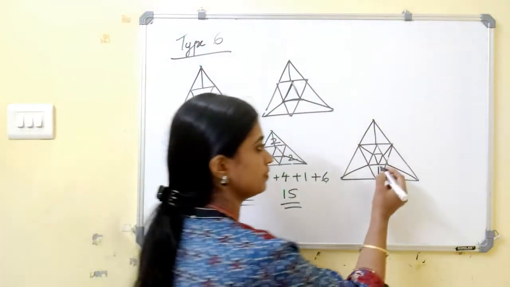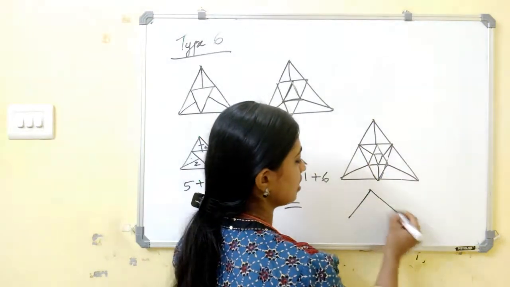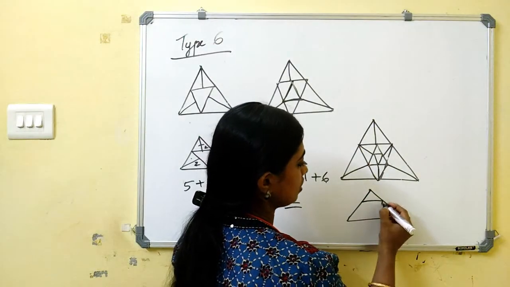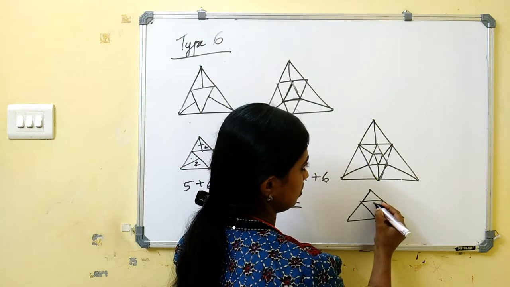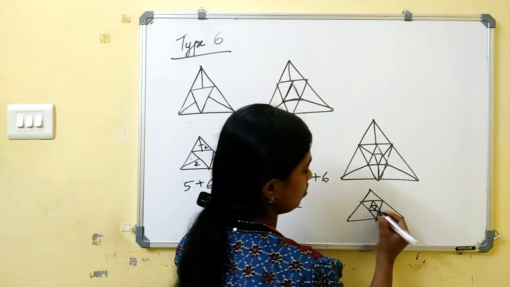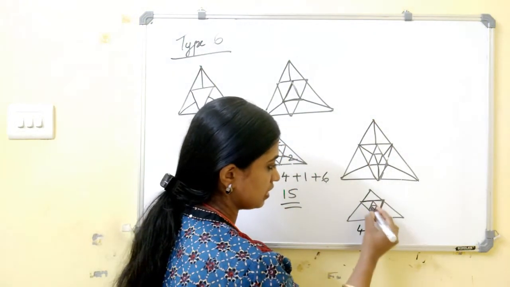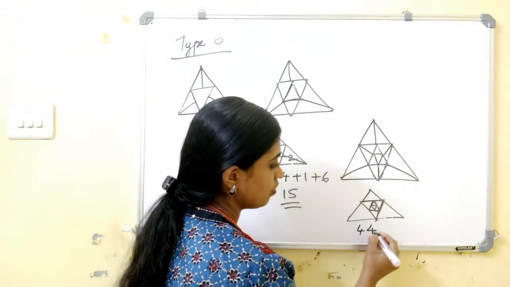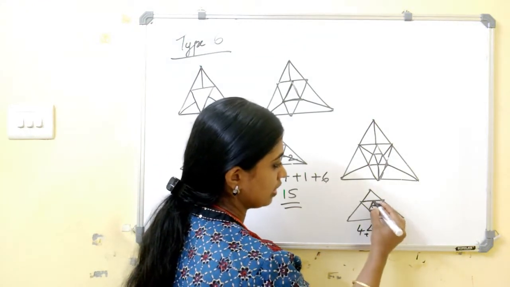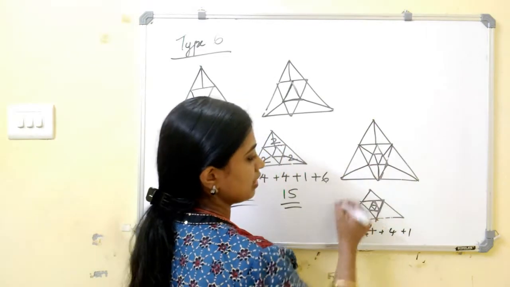Next question. Here also, let us consider the triangles without this partition. So 4, if you are considering this and this one, again 4, again this one and this one, again 4, plus this outer triangle, plus the first partition.